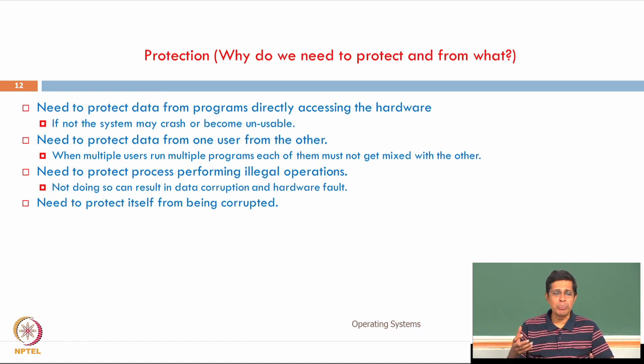One important thing is that I need to protect my data from other programs which are trying to access it. I need to protect processes from doing some illegal operation which will create chaos for other processes. So there is a need to protect the program itself, and also a need to protect this program from doing something it should not do in the context of another process.